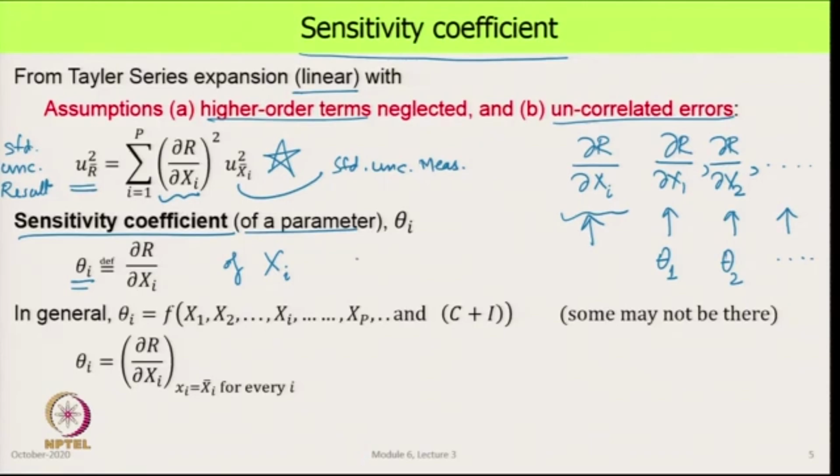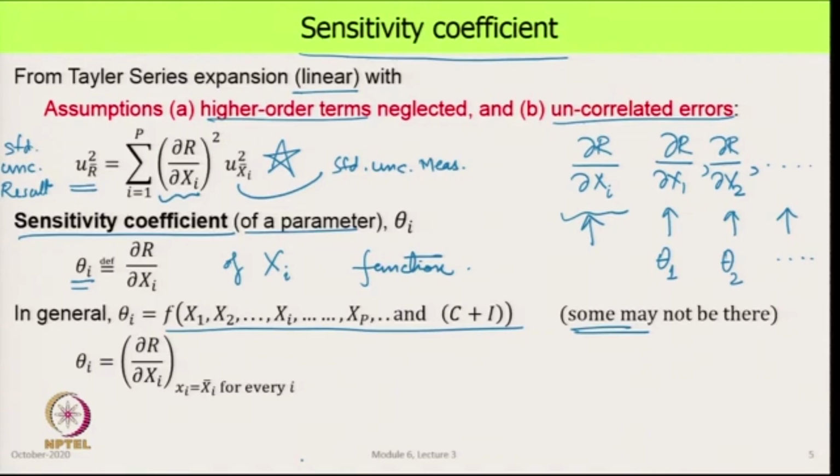So, this is the function. And in general, since we have just taken the result formula and differentiated it, theta I will be some other function of the variables and the constants. And it is quite possible that some of these variables and constants may not appear in the sensitivity coefficient function.